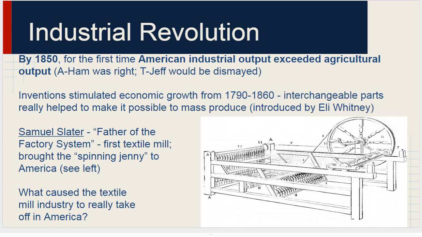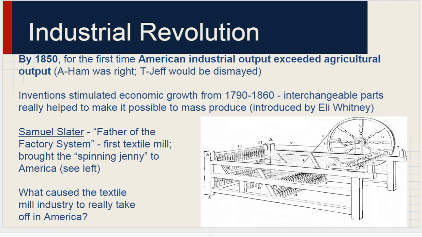Now, this is important because if you remember back to 1790, we have this new Constitution, and George Washington is president, and he appoints to his cabinet Alexander Hamilton as the Secretary of Treasury. Alexander Hamilton predicted this would happen. And that's why he put together his treasury plan the way that he did, because he said that America is destined to not just be an agricultural nation, but an industrial one as well.